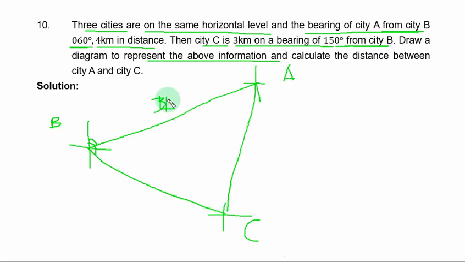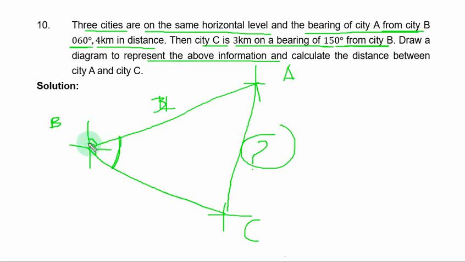So this is 4, this is 3. You are asked to get this side which is unknown. To get this side, here you have 3 options. You can use sine rule, cosine rule, or Pythagoras rule, depending on the angle that is opposite the unknown side. Now, from here to this point is 60 degrees.